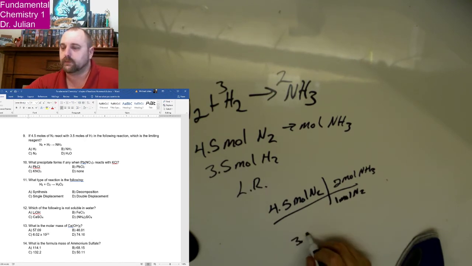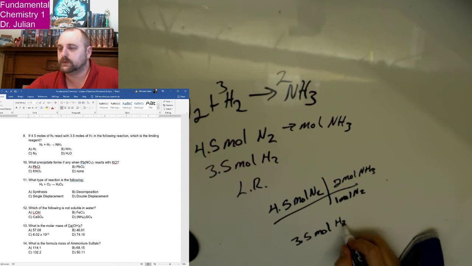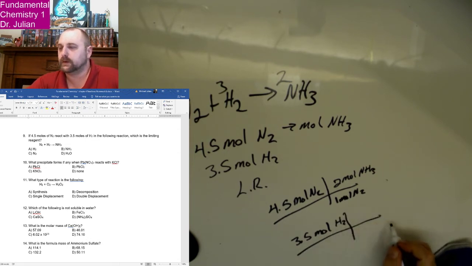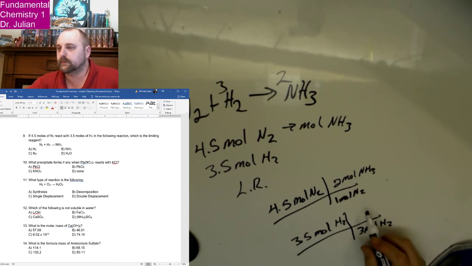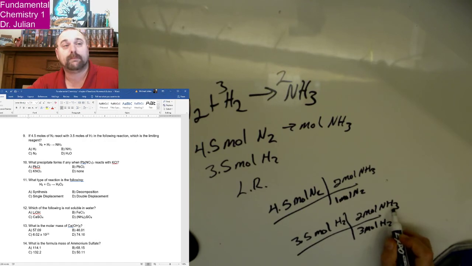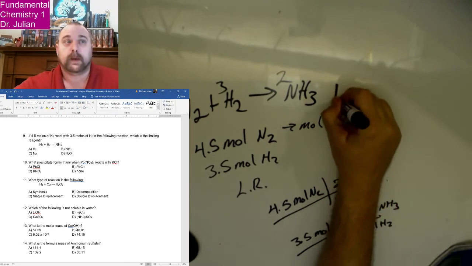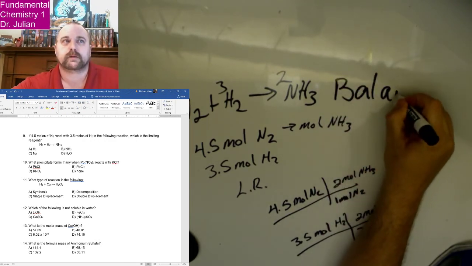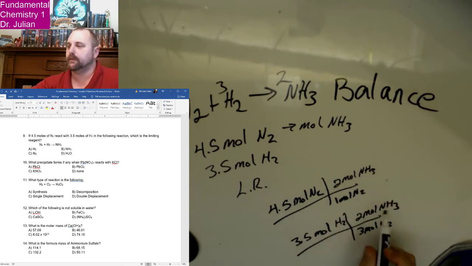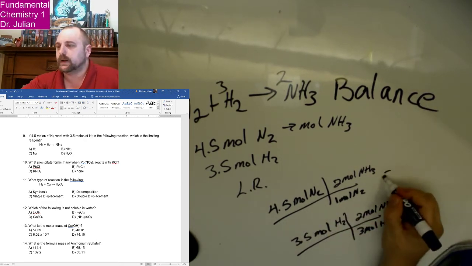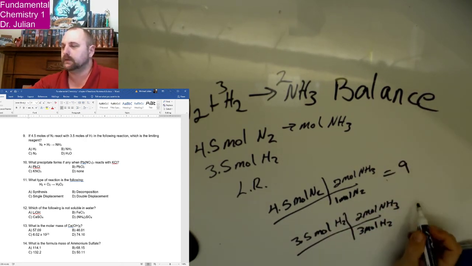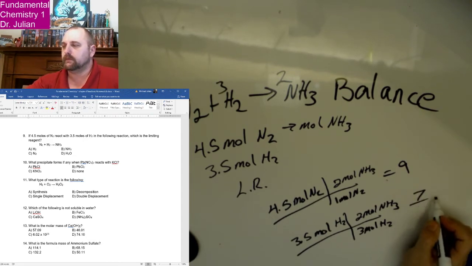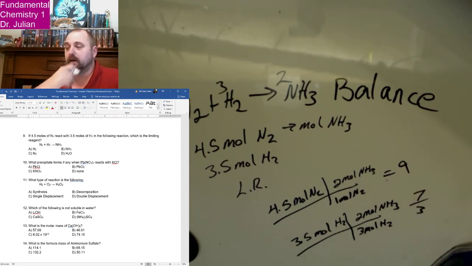And then I have 3.5 moles of H2, and for each 3 moles of H2, I make 2 moles of NH3. You had to balance it. The key to this was balance.